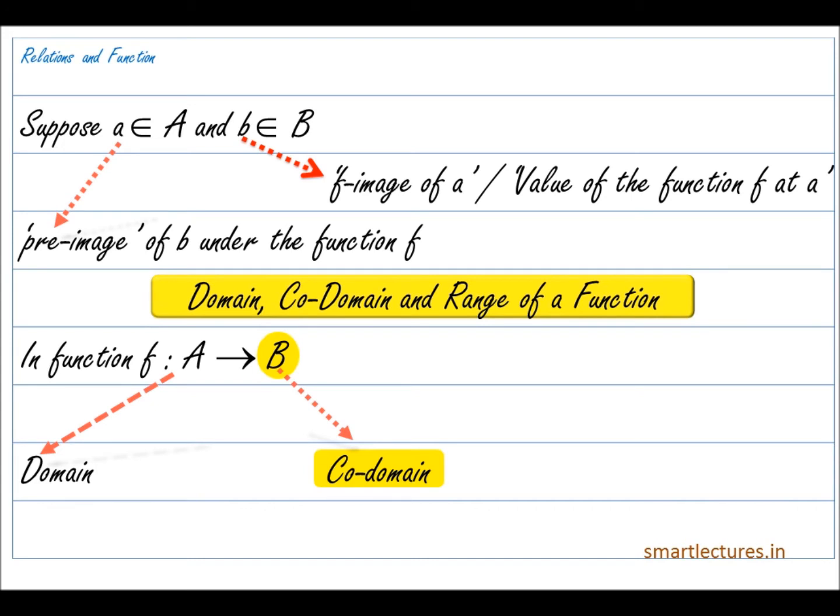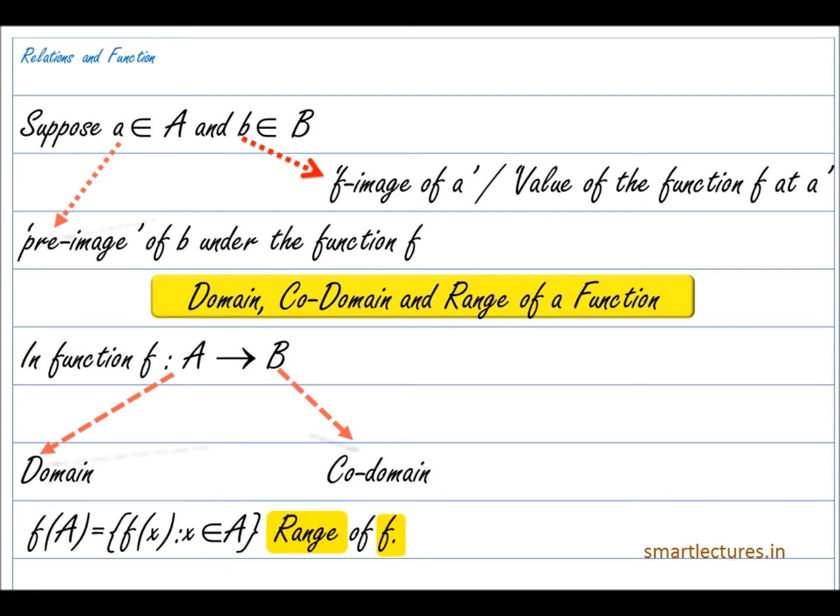And now what's the range? The set of all f images of elements of A is known as the range of f. Also, the image of set A under the function f is denoted by f(A). And always remember, f(A) is a subset of set B.